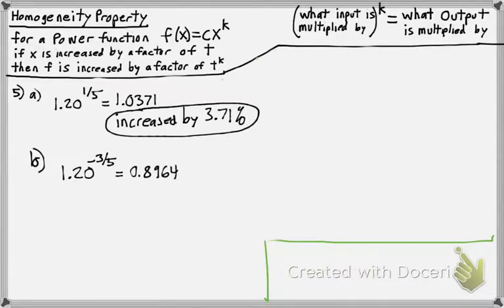0.8964. And then I want to take that and actually subtract it from 1, because you're taking 0.89 as the decay factor. So to get the percentage, you want to take 1 minus 0.8964, and you're going to get 0.1036.